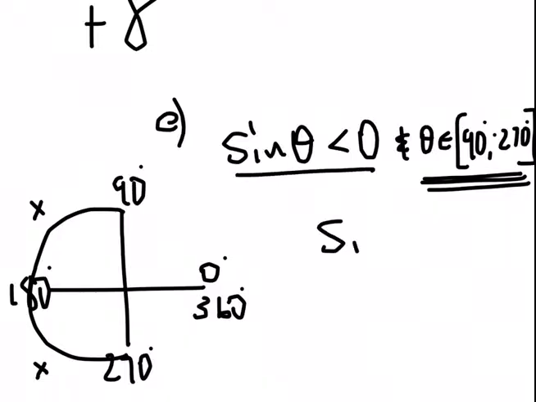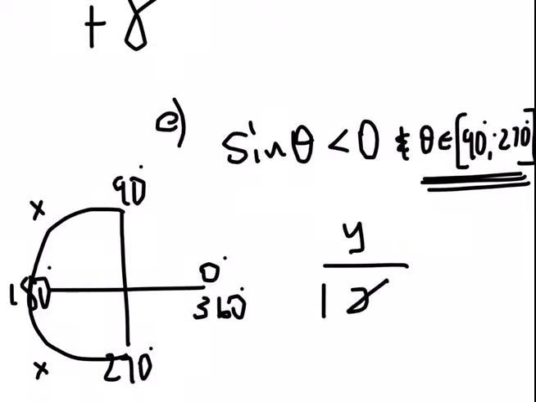So what we know is that sine is the ratio of y over r, whereby r is always positive. You remember I said that. So sine being less than 0 means negative.